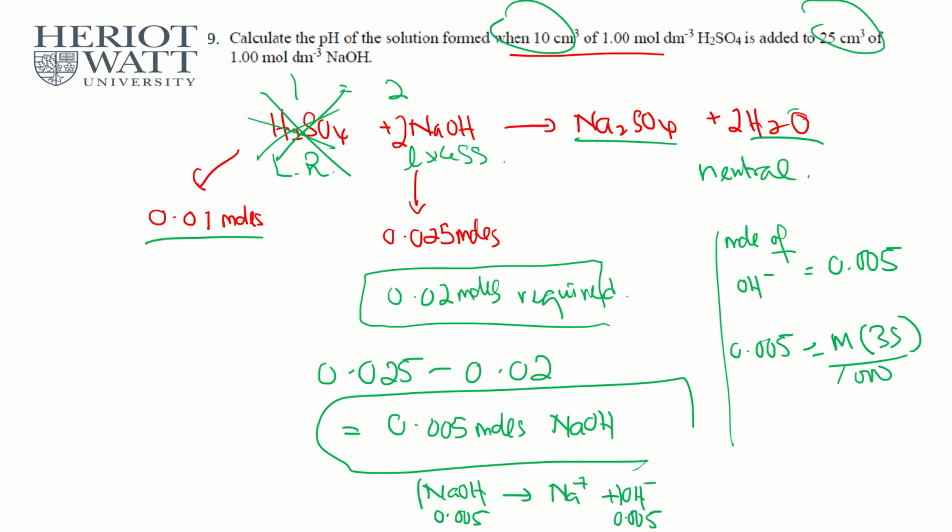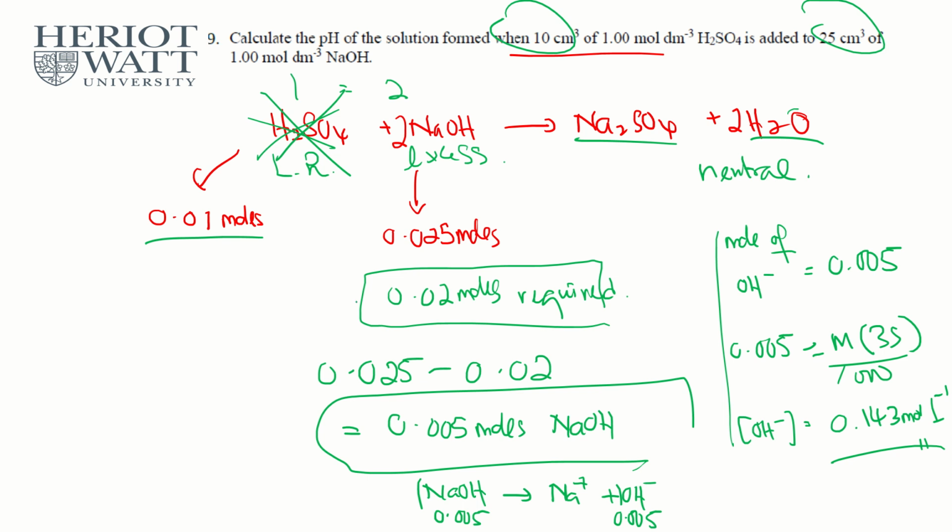And from here, 0.005 times 1000 over 35, you get the concentration of OH-, equals 0.143, three significant figures, and that's mol per liter. So this is the concentration of OH- that we have.